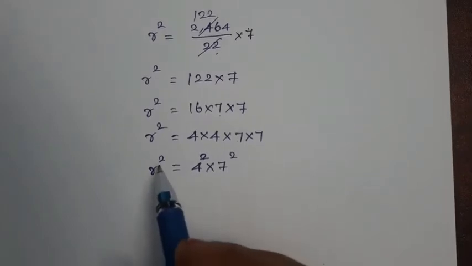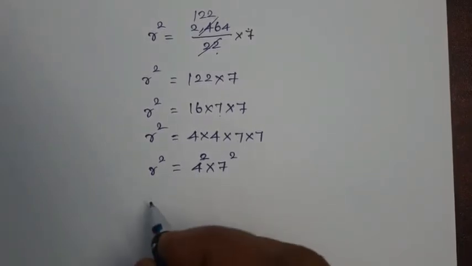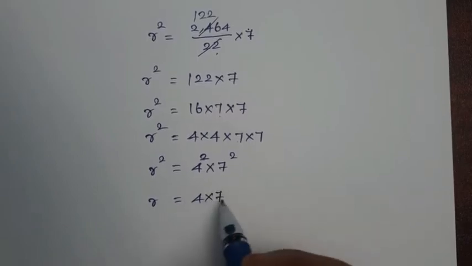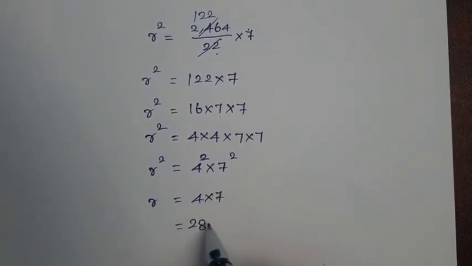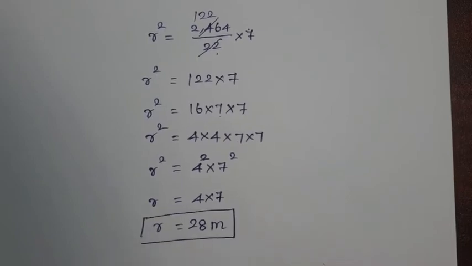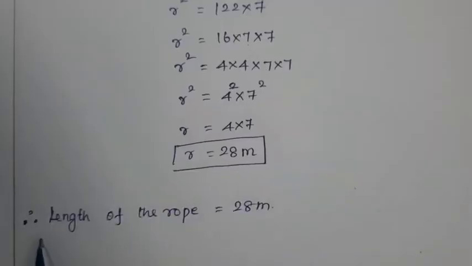By cancelling the square on both sides, we get r is equal to 4 into 7. 4 sevens are 28. So the value of the radius is equal to 28 meter, which is equal to the required length of the rope, 28 meter.